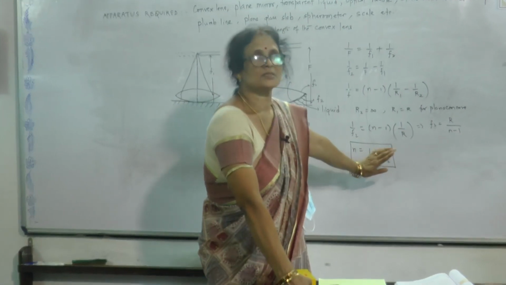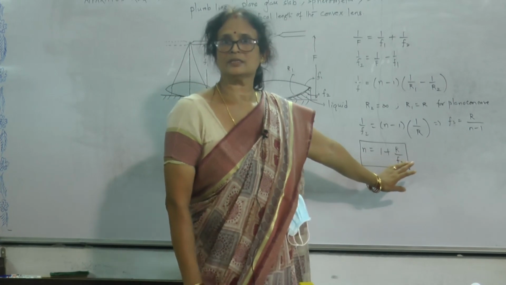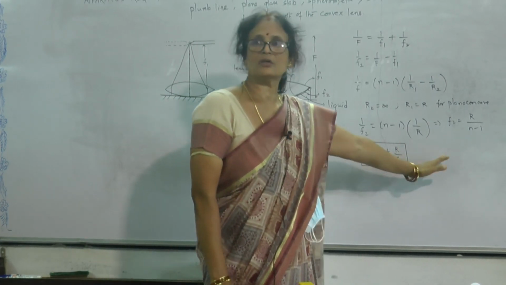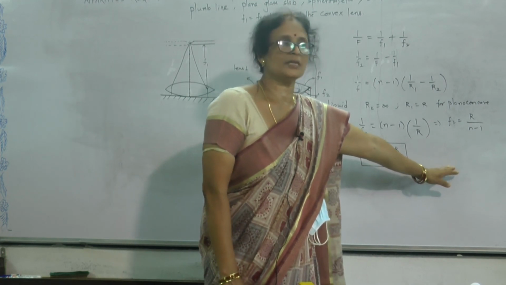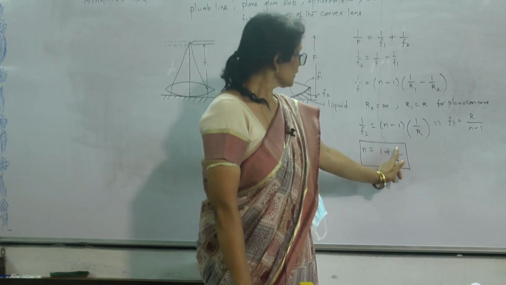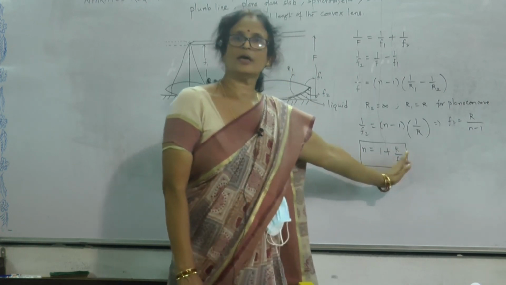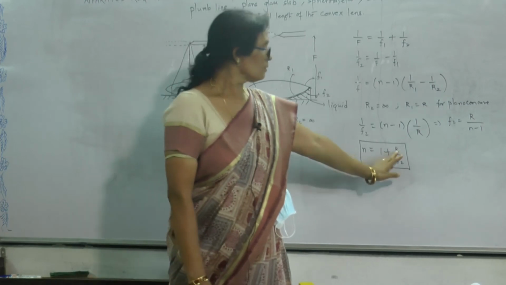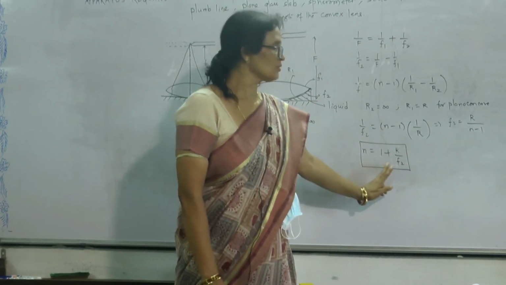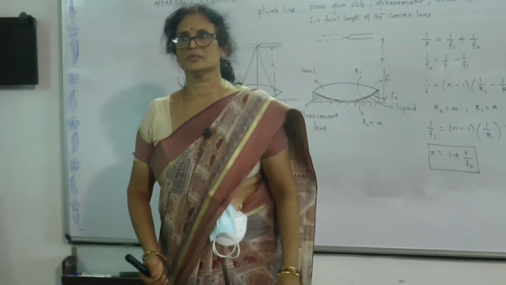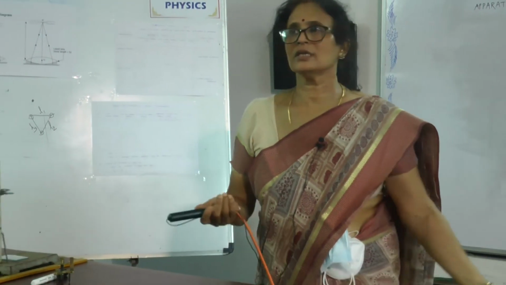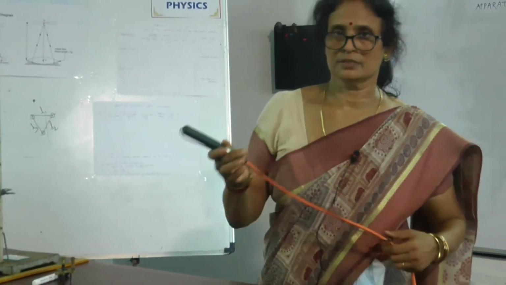As the refractive index of water is around 1.33, we expect our result also will be very close to 1.33, if not exactly so. So we expect R by f2 will be around 0.33 or very close to 0.33, so that the refractive index will be around 1.33. It may vary from 1.27 to 1.35 and that is also correct.